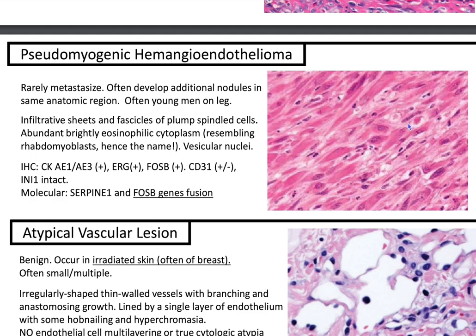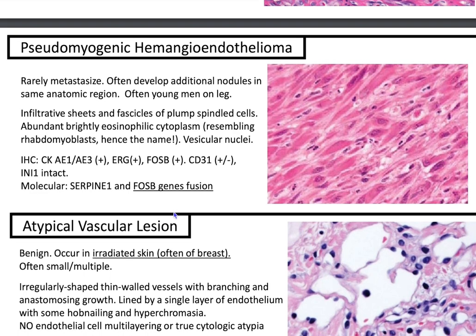You'll have vesicular nuclei, and on IHC, it'll be positive for pancytokeratin, positive for ERG, positive for FOSB, and plus or minus for CD31. INI1 will be intact, and molecularly, it'll have a SERPINE1-FOSB gene fusion.